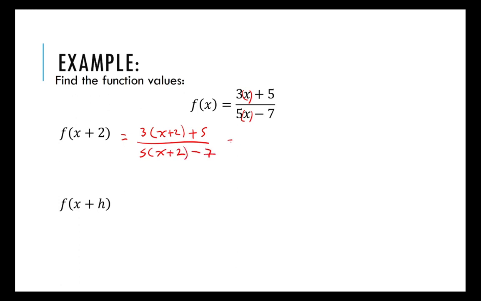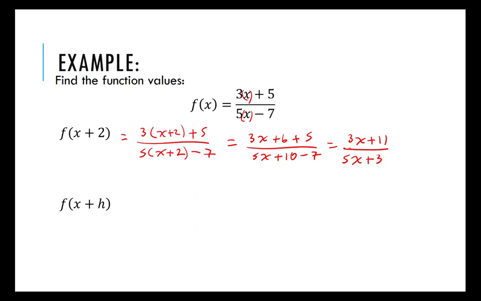So we can clean it up some. That is 3x plus 6 plus 5 divided by 5x plus 10 minus 7. Or 6 plus 5 is 11, so that's 3x plus 11 divided by 5x plus 3.